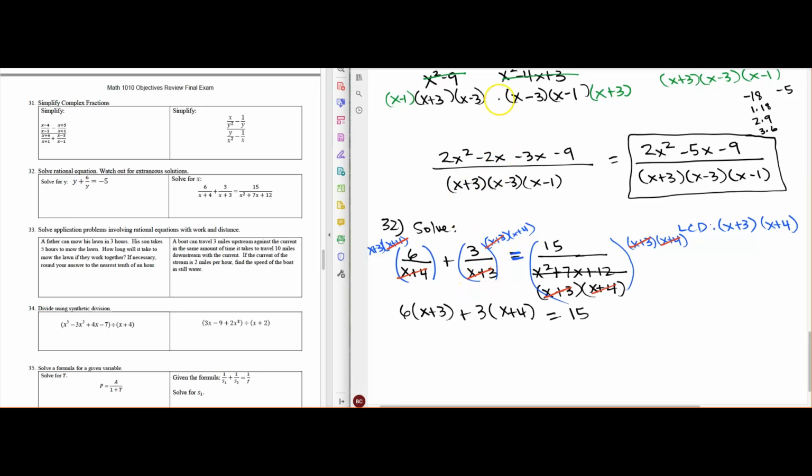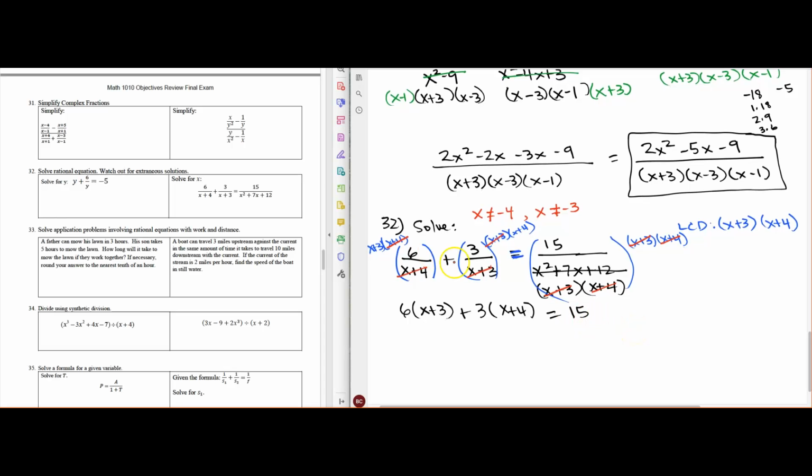So we always want to state what x could not equal. So on here, do you see x cannot be negative 4 and x cannot be negative 3, because those are the two numbers that would make our denominator 0. So x can be any other answer, just not these two. Okay, so before we start solving this out, I want to make sure that we keep that in mind.